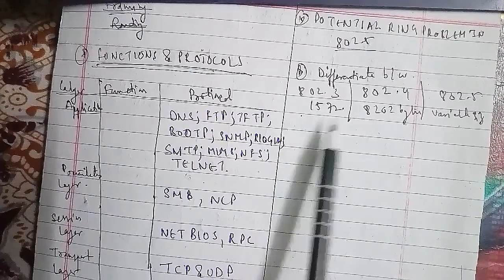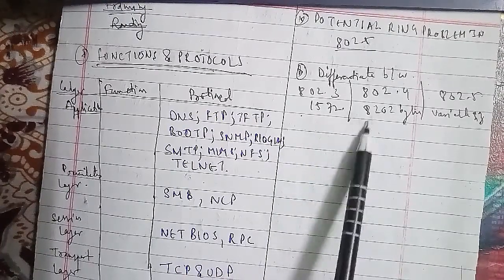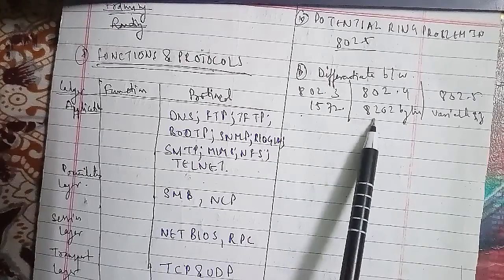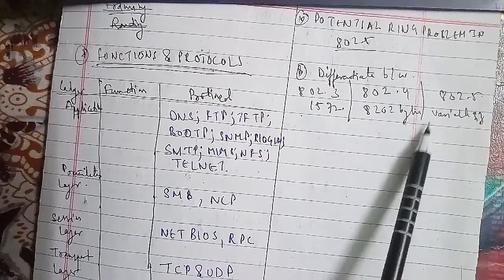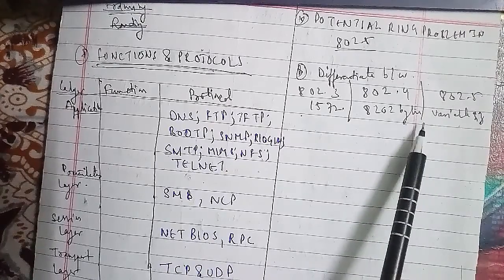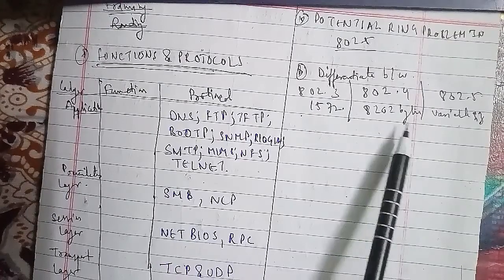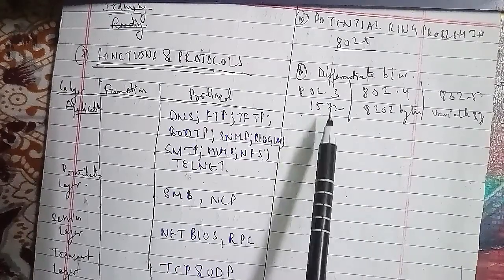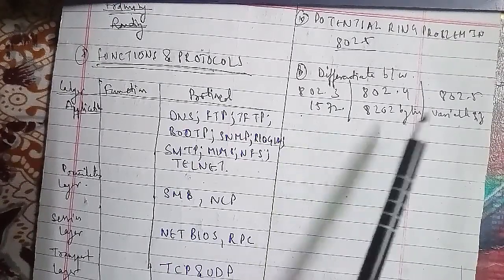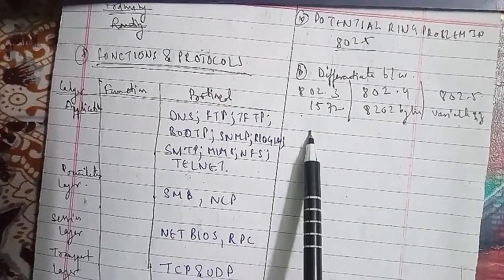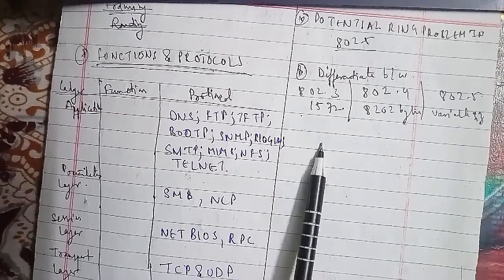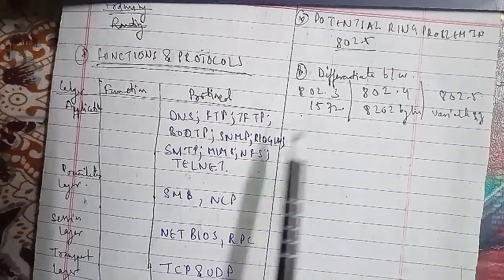The 802.11 specification is a wireless LAN that provides 1 Mbps or 2 Mbps transmission in the 2.4 gigahertz band, and it uses frequency hopping spread spectrum, that is FHSS, or direct sequence spread spectrum, that is DSSS.